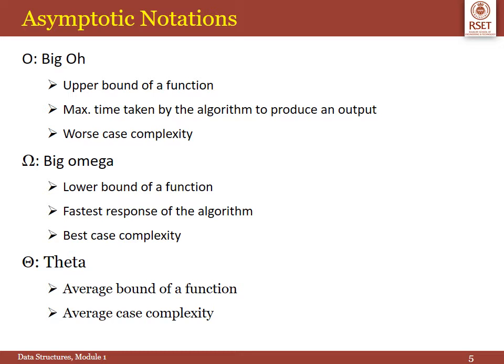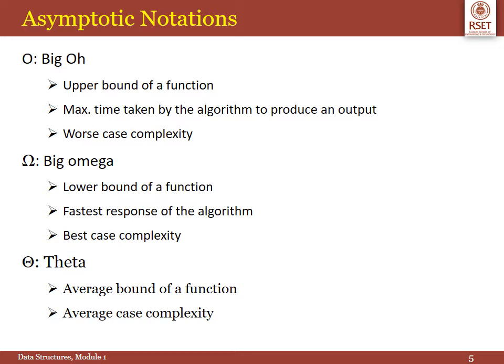But since big O represents the upper bound, generally big O notation is used to represent the worst case complexity of an algorithm. Not necessarily, though; the worst case complexity can be represented using any of these three forms. But generally big O represents the worst case, omega represents the best case, and theta represents the average case complexity of an algorithm.